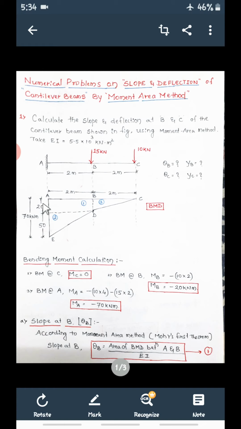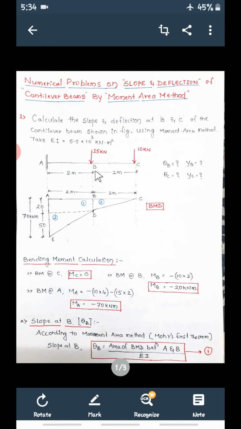Now area 1 and area 2 are multiplied by their centroids. A1 is 20 into 2, that is 40. What is the centroid of this rectangle with reference to B?